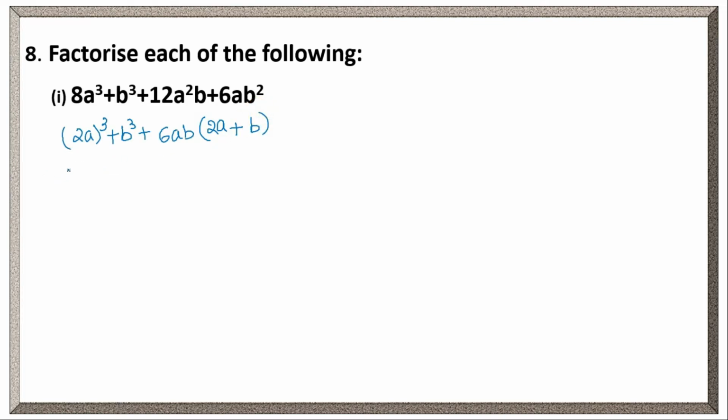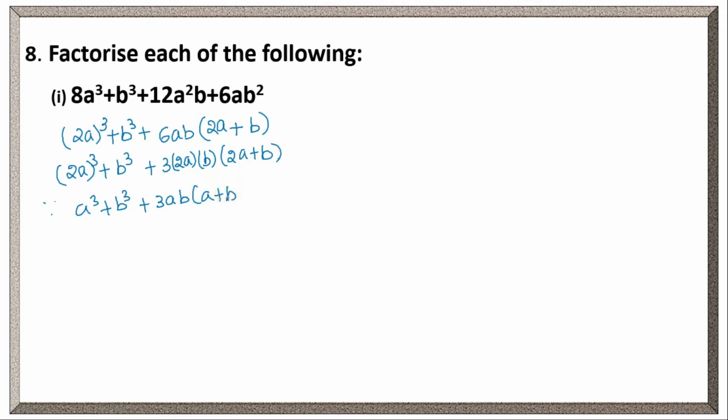Now this can be written as (2a) whole cube plus b cube plus 3 into 2a, we can write, right, into b into (2a plus b). Clear? Now which is in the form of a cube plus b cube plus 3ab into (a plus b). That is equal to (a plus b) whole cube.